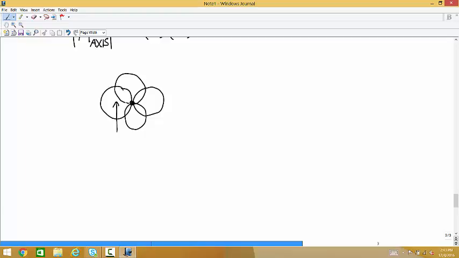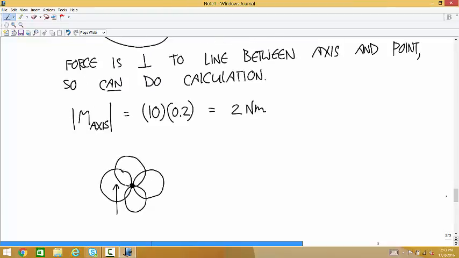That would be counterclockwise. Or would it go from here to here to here to here? And so it's clockwise, and that means that the moment is negative. So it's a clockwise rotation.